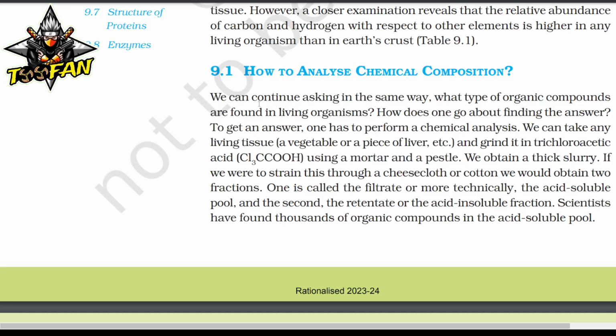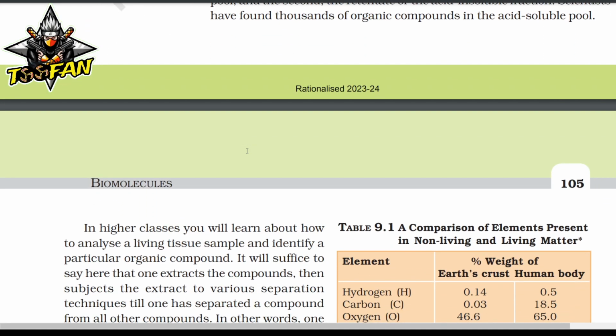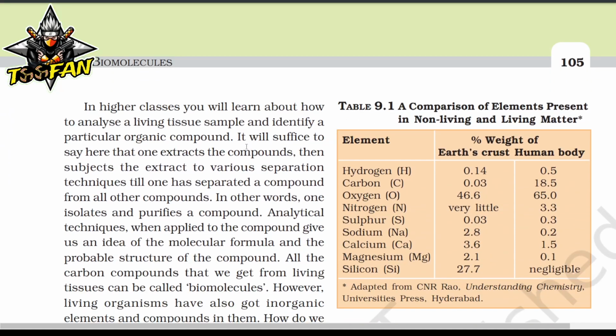fraction. Scientists have found thousands of organic compounds in the acid soluble pool. In higher classes, you will learn about how to analyze a living tissue sample and identify a particular organic compound. It will suffice to say here that one extracts the compound, then subjects the extract to various separation techniques till one has separated a compound from all other compounds.